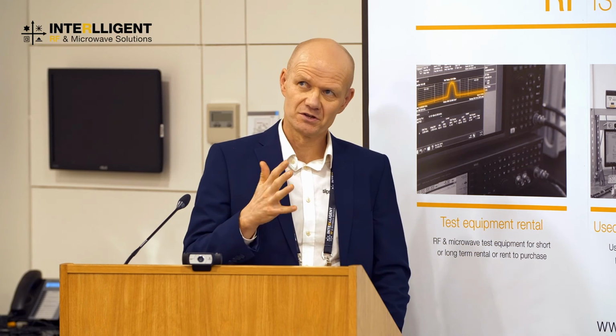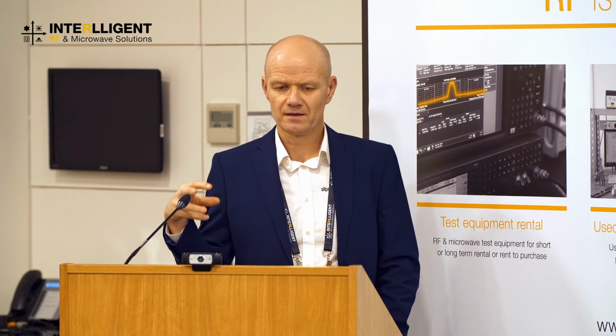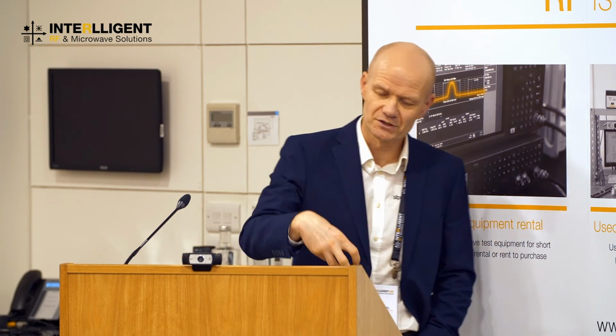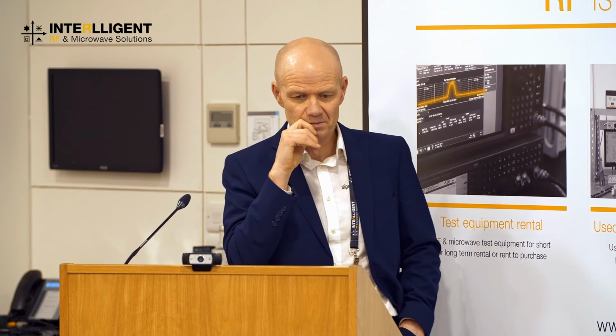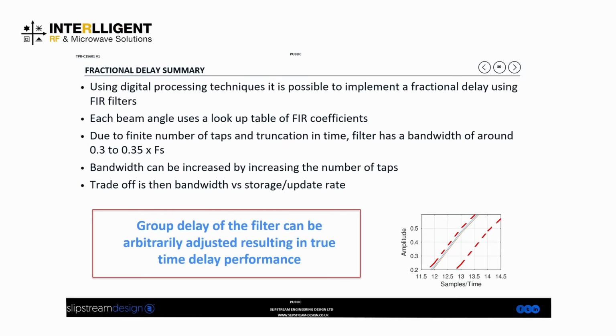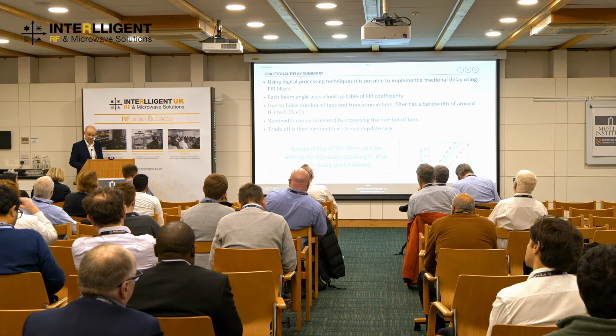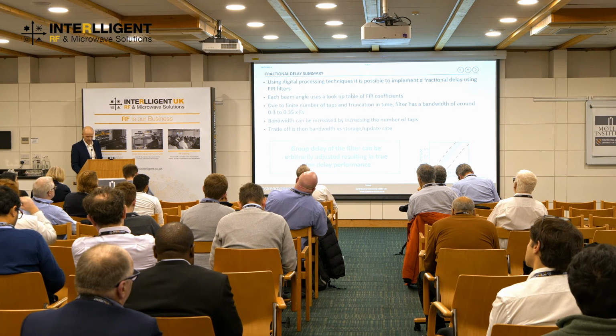The bandwidth can be increased by increasing the number of taps, but then there's a trade-off between the storage requirements, because there are a lot of coefficients to store for all these beam angles, and the rate at which you can update the beam angle. But the bottom line is that you can adjust the group delay of that filter arbitrarily to give you fractional time delay in the digital domain.